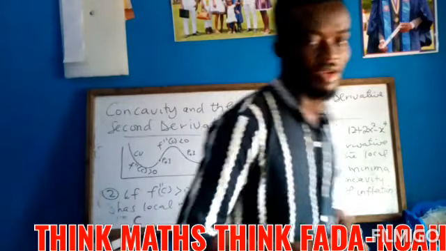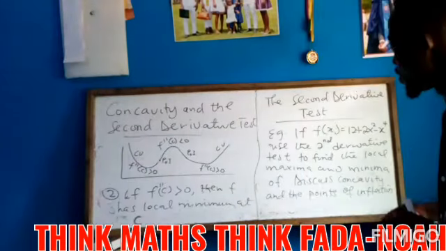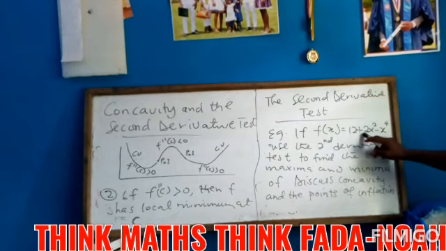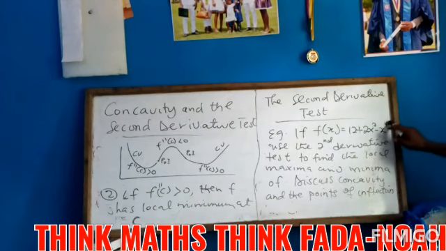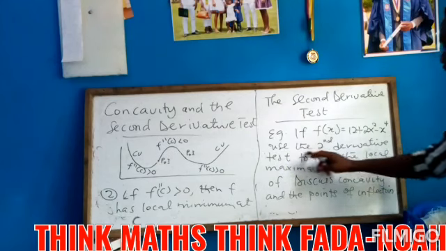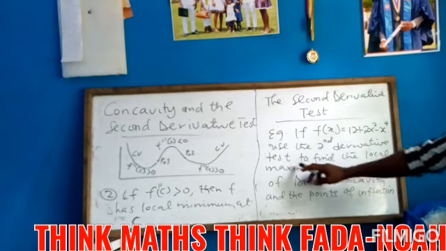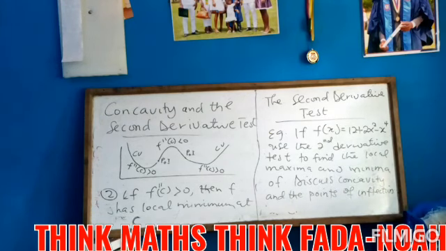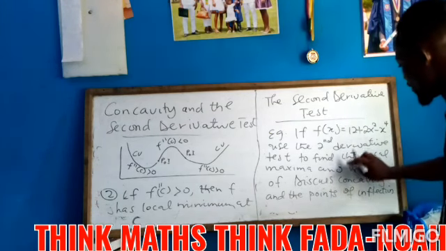So this question is actually a loaded question. We are going to do a lot of work here. If f of x equals 12 plus 2x squared minus x to the power 4, use the second derivative test to find the local maxima and the minima of f.